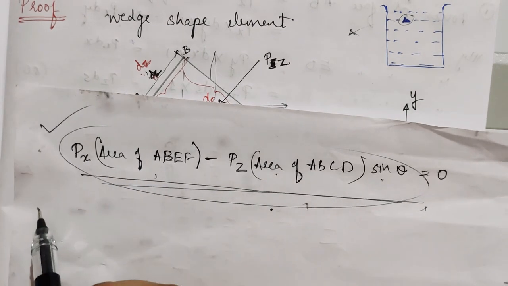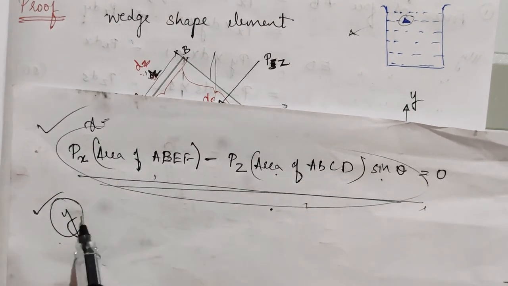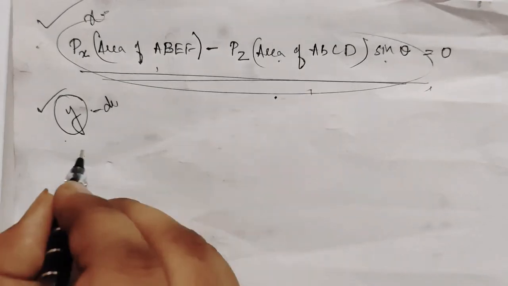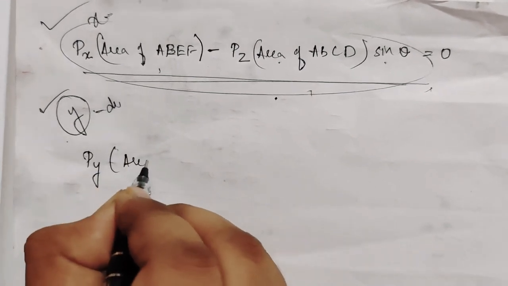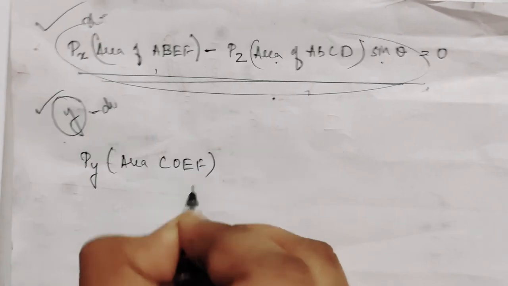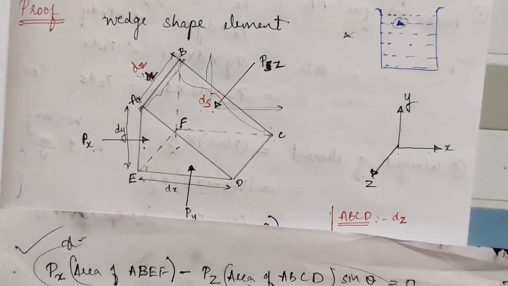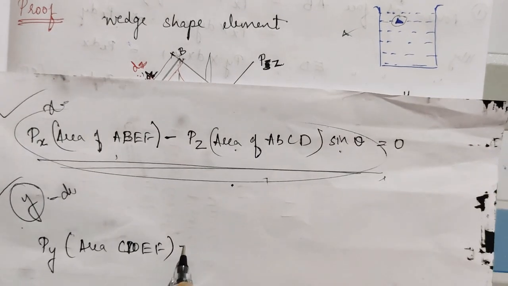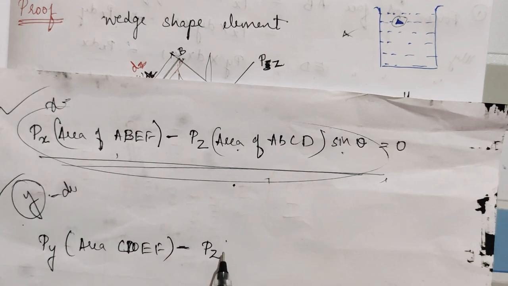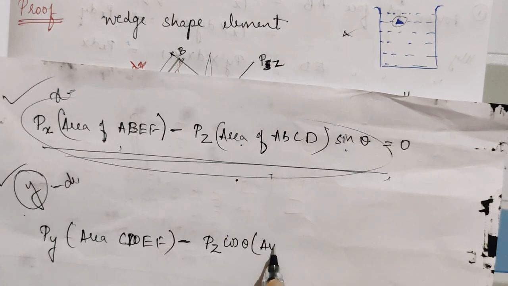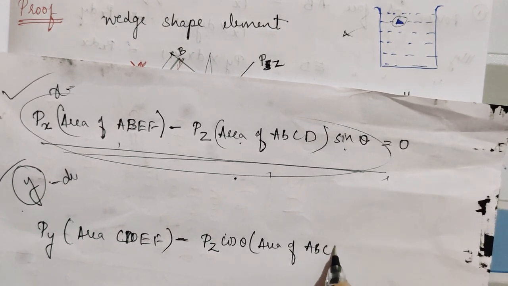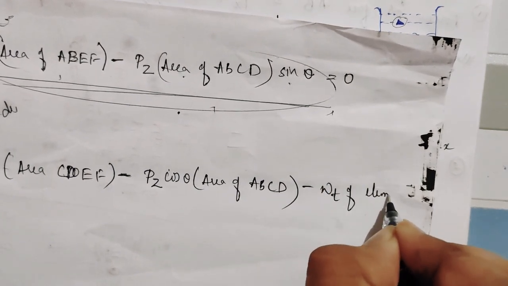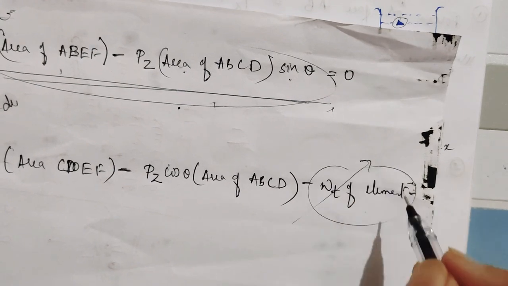In the y direction we have to follow the same: py into area of CDEF minus pz into cos theta into area of ABCD minus the weight of the element. Then also we take the weight of the element as 0.